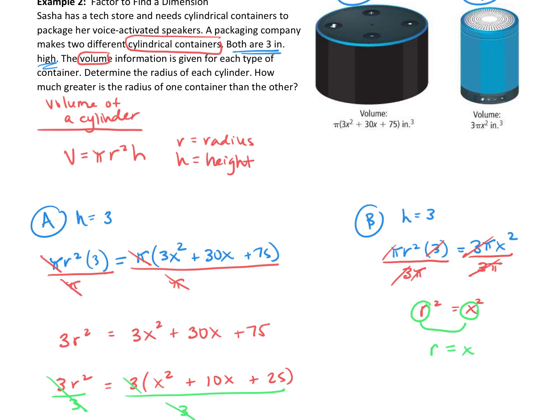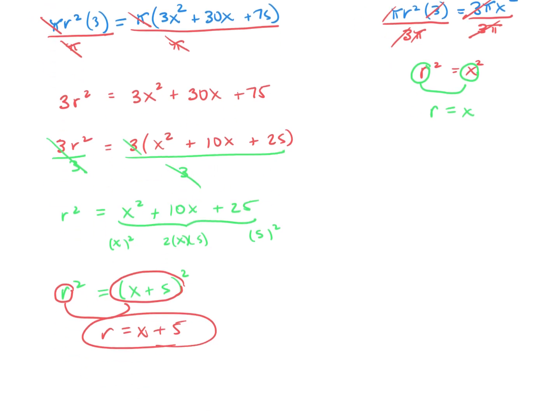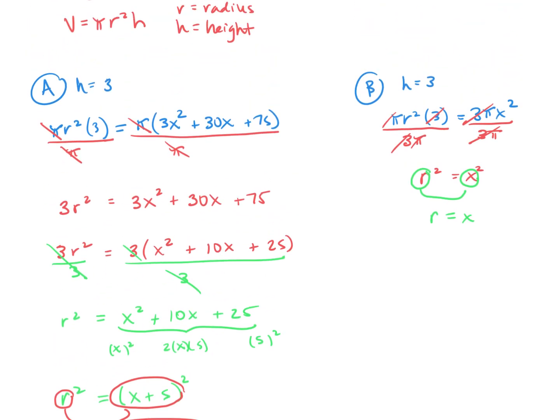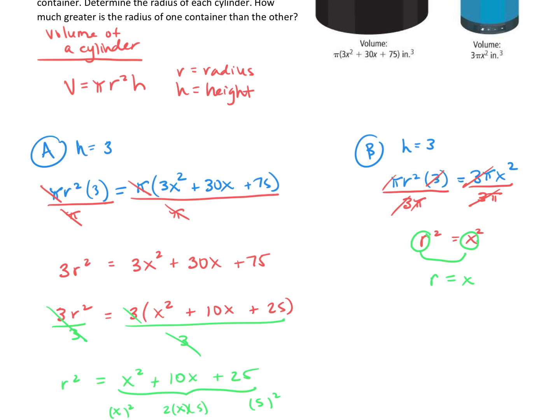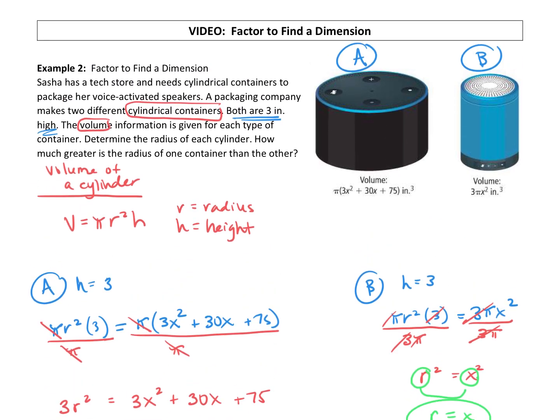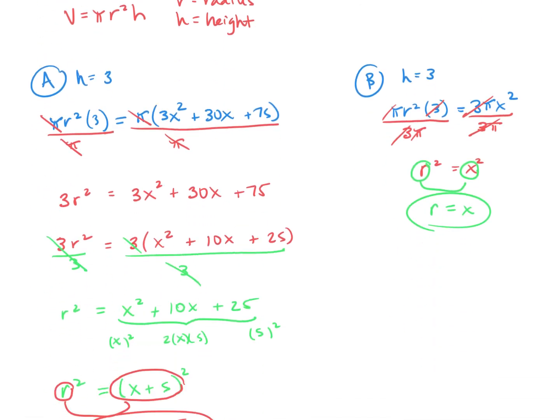So find the radius of each cylinder. Speaker A, that cylinder has a radius of x plus 5, and speaker B has a radius of x. So we found the radius of each cylinder. And now the question is, how much greater is the radius of one container than the other?